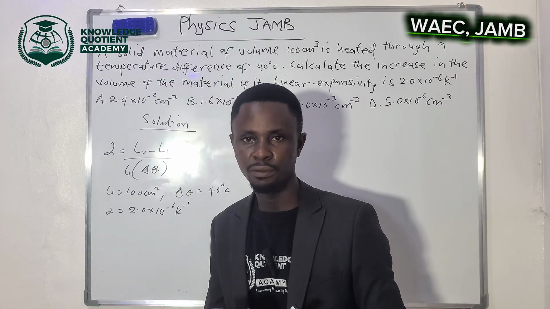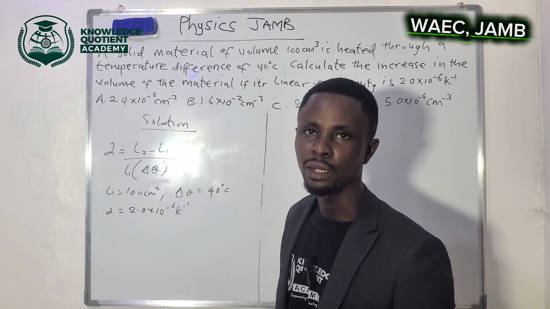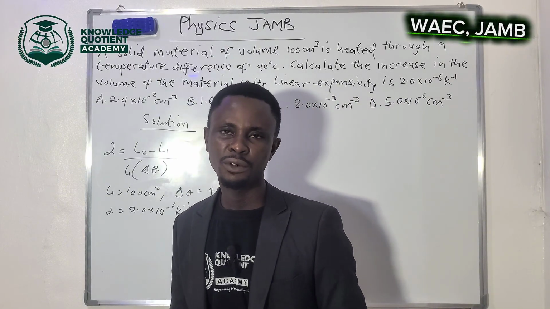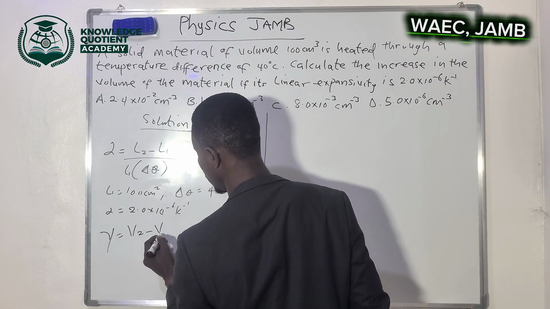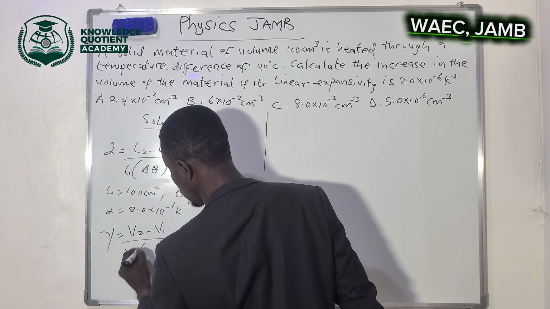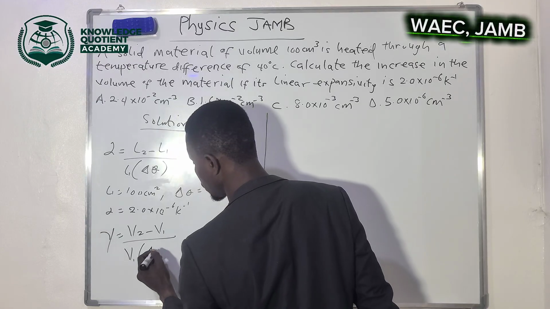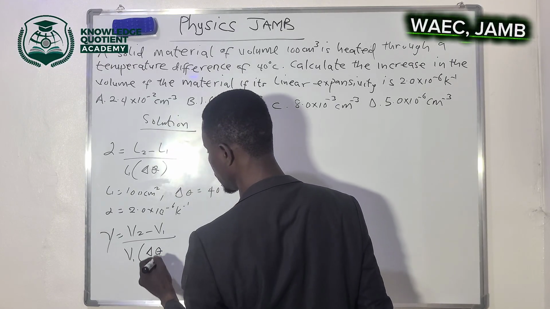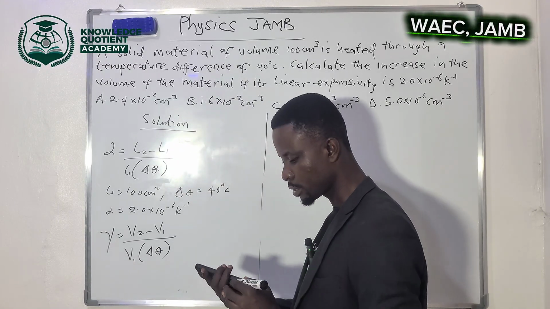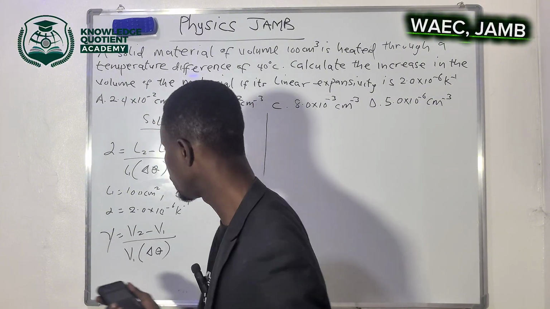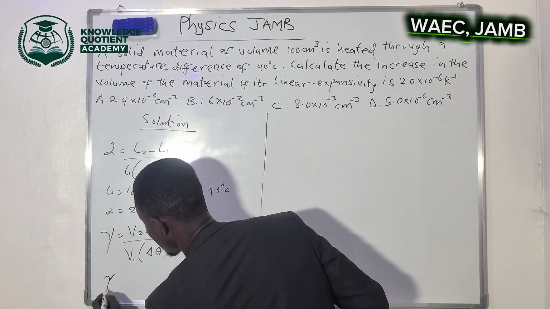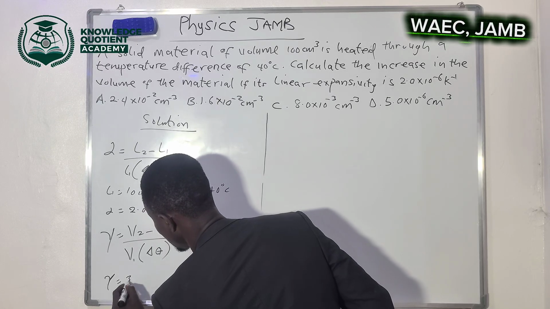But that's not what we are looking for. We are looking for our cubic expansivity. Our cubic expansivity is V2 minus V1 all over V1 open bracket change in theta, close the bracket. And this cubic expansivity is equal to 3 alpha.